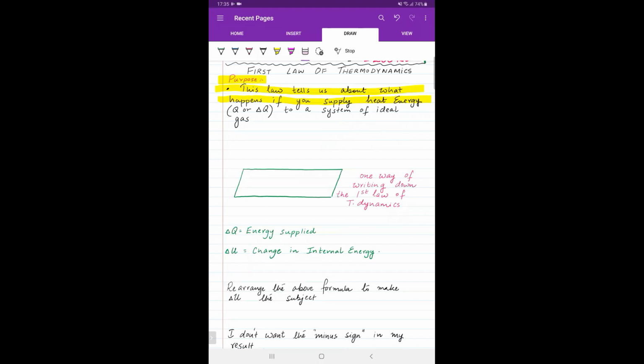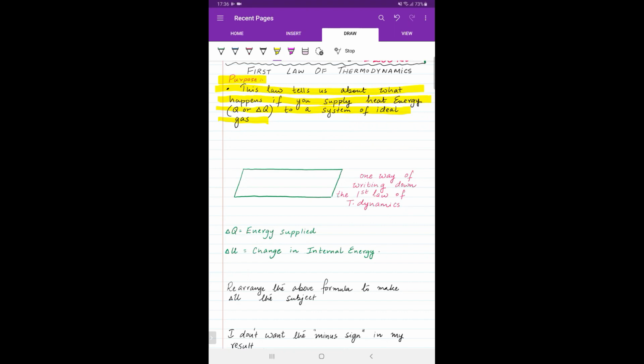So as I was saying, this law tells us about what happens if you supply heat energy Q or delta Q to a system of ideal gas. अगर आप किसी भी आइडियल गैस को हीट एनर्जी प्रोवाइड करोगे, सो आइडियल गैस उस हीट एनर्जी का क्या करेगी.